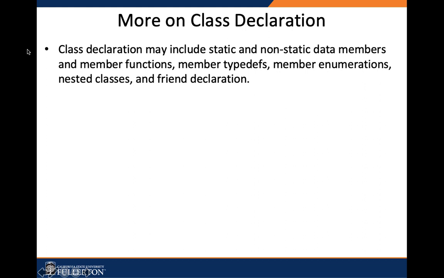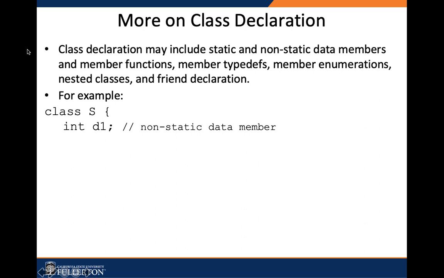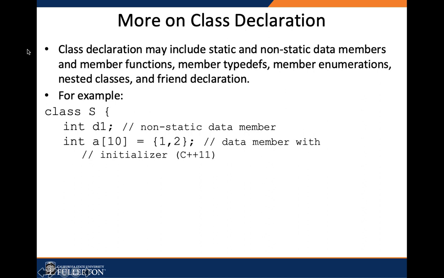Class declaration can also include static and non-static data members and function members, member type definitions, member enumerations, nested classes, and friend declarations. For example, class S has an integer data member, D1, and this is a non-static data member. It has an array A of 10 integers, and we initialize the data member with two values, 1 and 2.